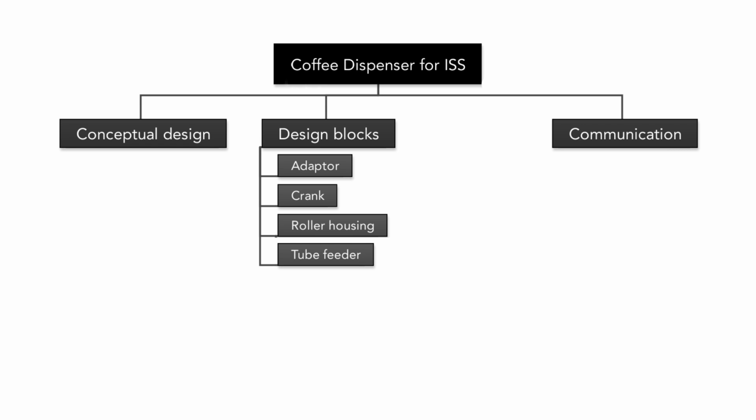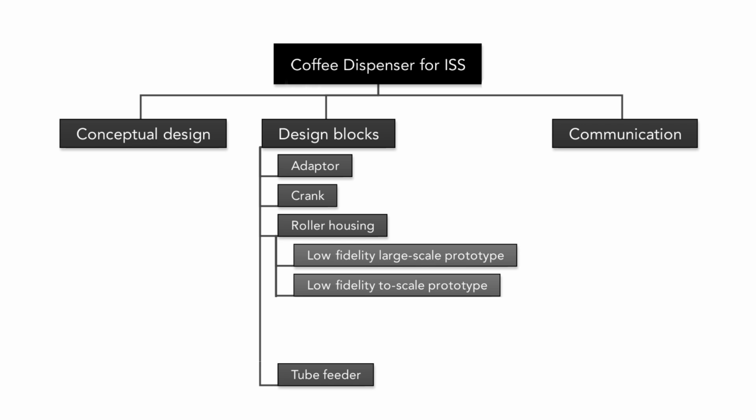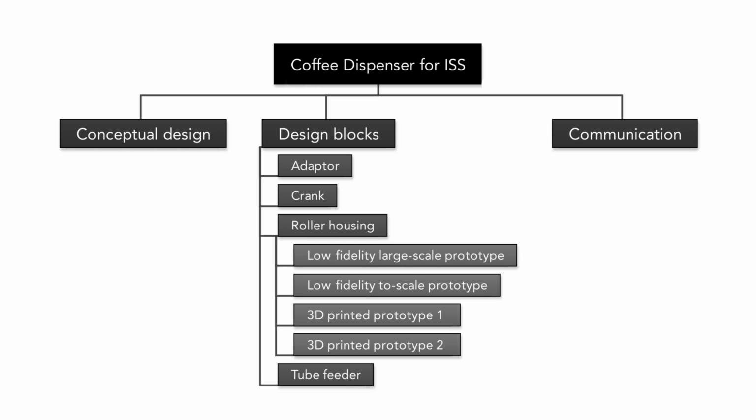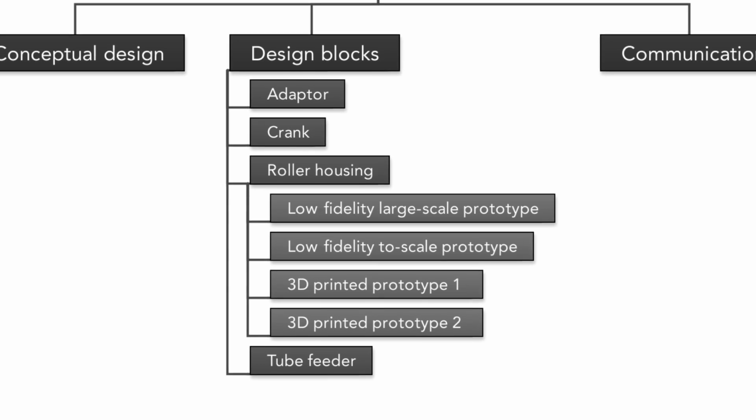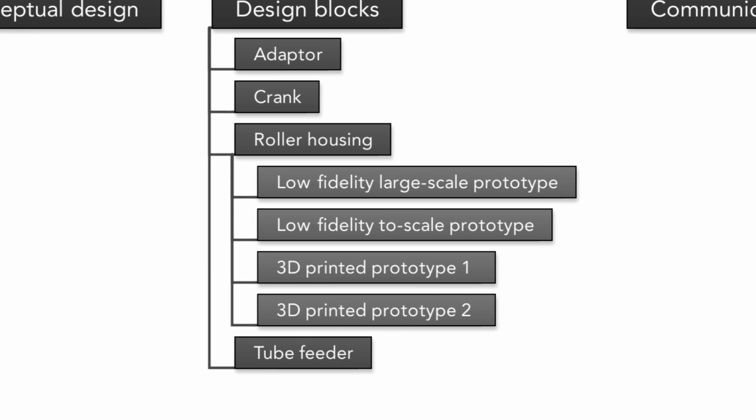This suggests the team may need to keep breaking down tasks to create more subtasks. Let's zoom in on the subtask of the roller housing. The team predicts it will make 4 prototypes, so there are 4 subtasks listed: low fidelity at a large scale, low fidelity at scale, and 2 iterations of a 3D printed prototype.